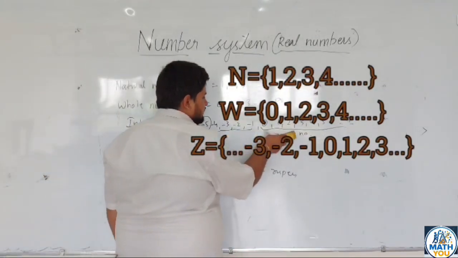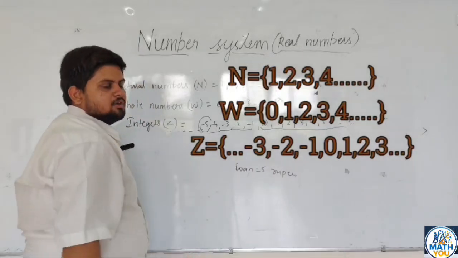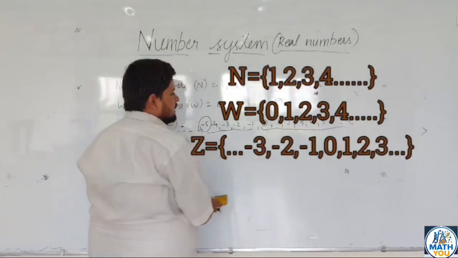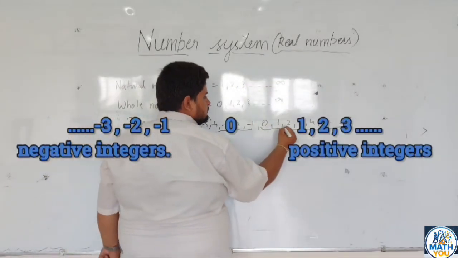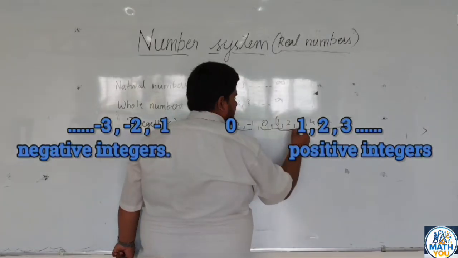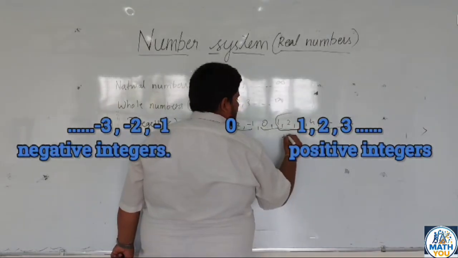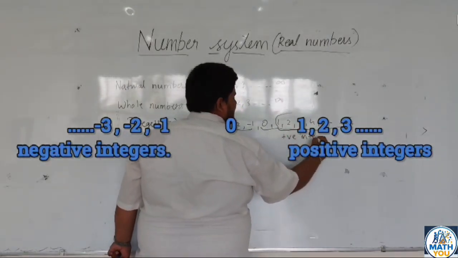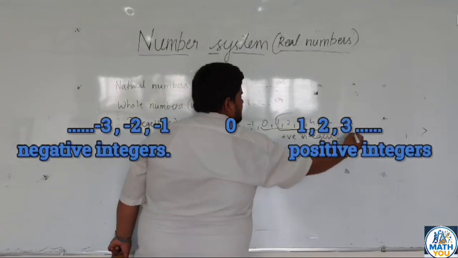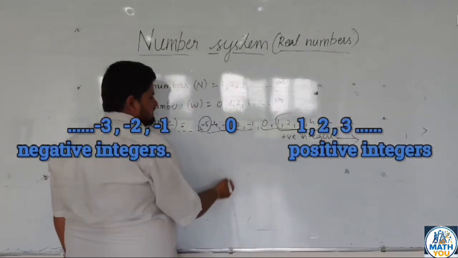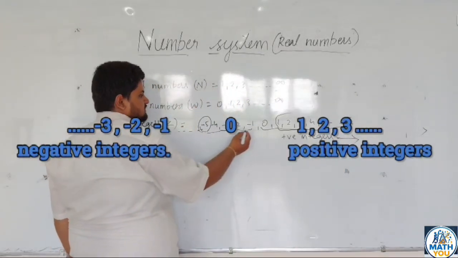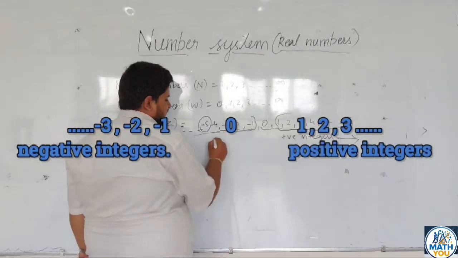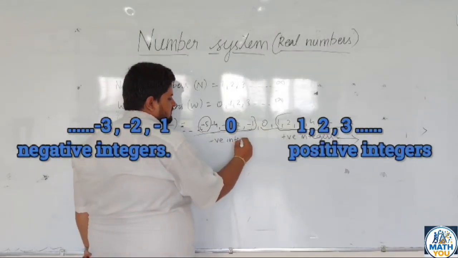Here we are going to divide these integers into parts. These numbers 1, 2, 3, 4, whatever the natural numbers we are having, we call them positive integers. These negative numbers, we call them negative integers.